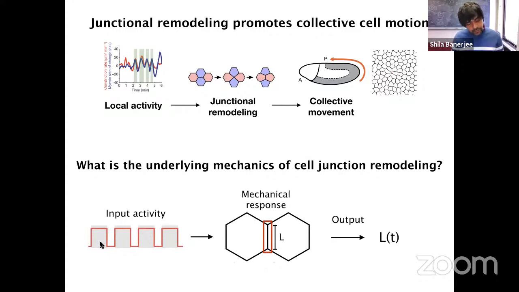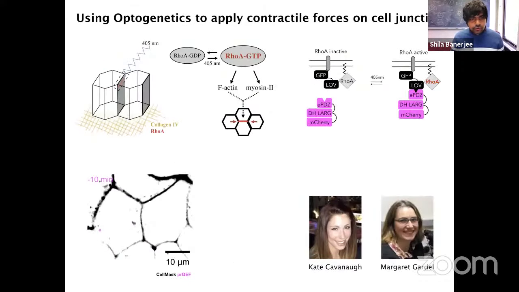We wanted to understand what is the underlying mechanics for that. To do that, we worked together with Margaret Goodell and her former PhD student, now Kate Kavanagh, who built this optogenetics system. We wanted to control Rho activity spatiotemporally in a monolayer of Keiko cells.